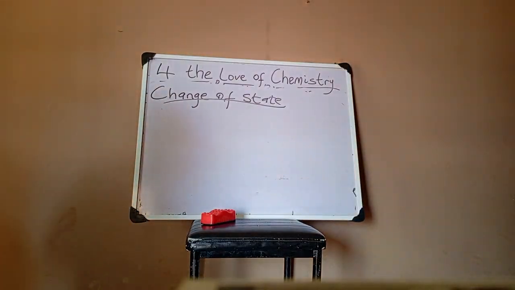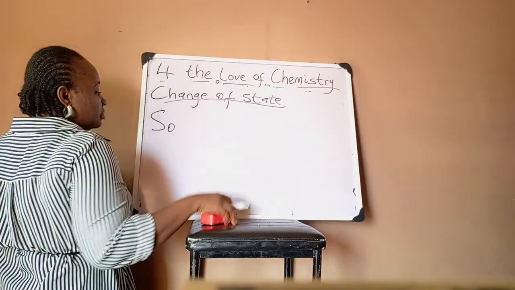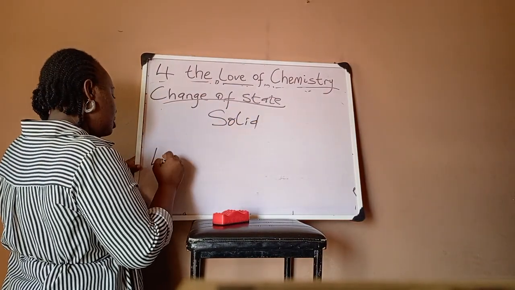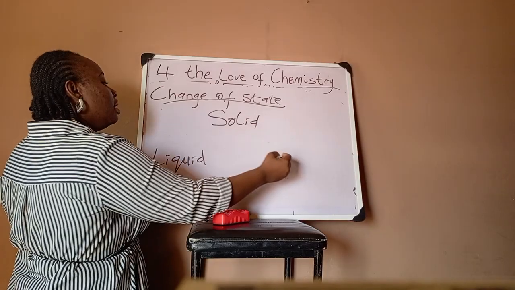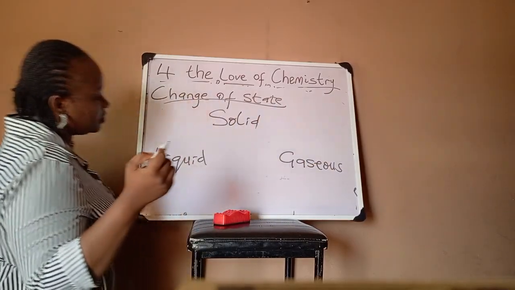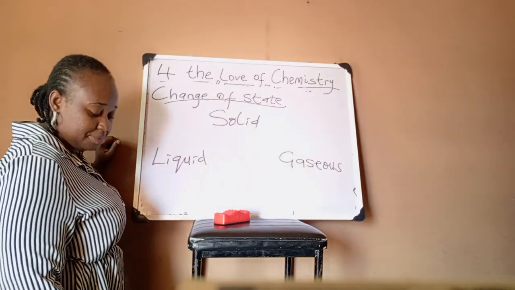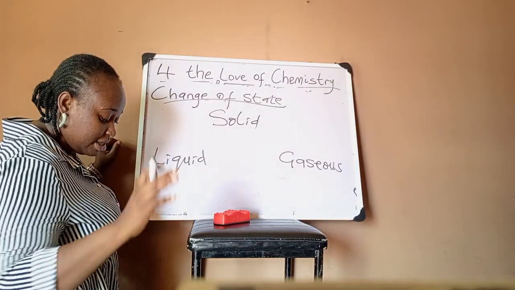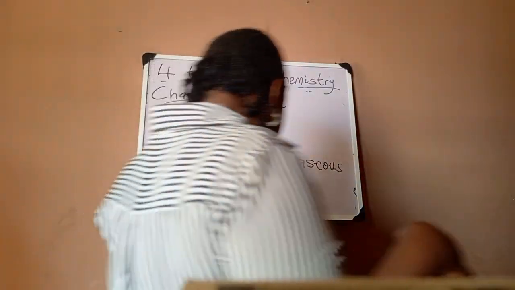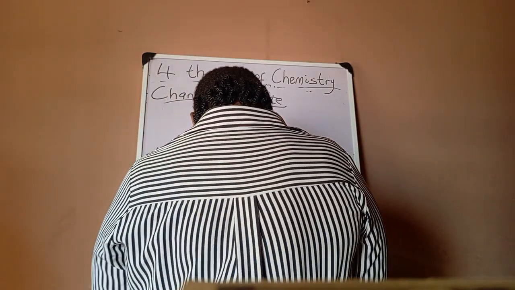Okay, we already know that we have solid, liquid, and gaseous states. Now let's see how the change of states happens. What are the terms when we move from this to this and from that to that?